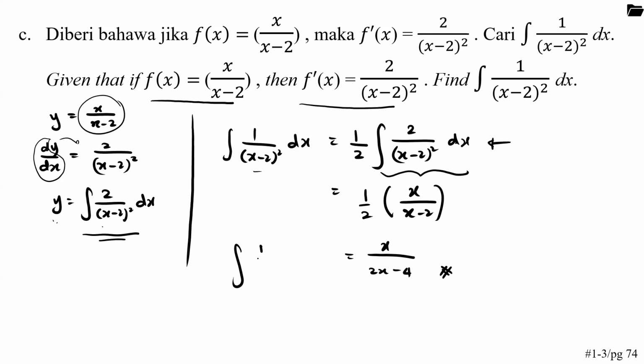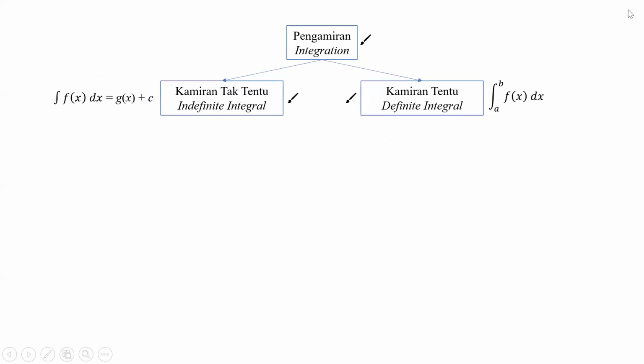So the integral of 1 over (x minus 2) squared dx equals this. Try to have a habit: in your final line, complete your left hand side equals to the right hand side. So that's it for the first concept. If the question gives you information like this, then you don't have to find it yourself. You just need to use existing information to find the answer. That's all.